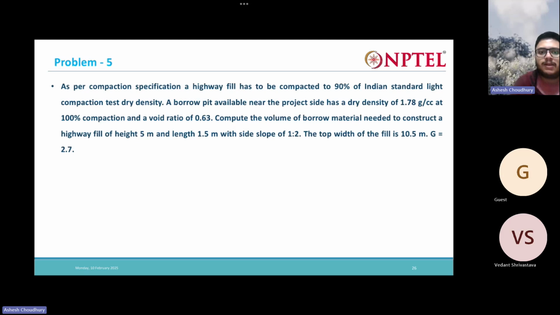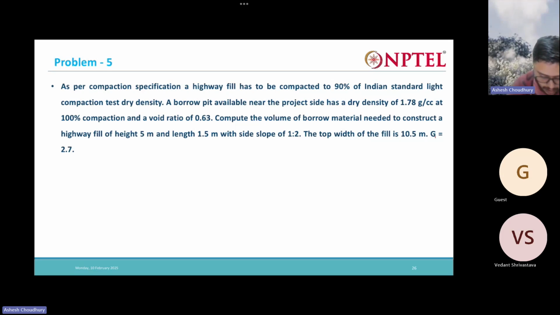A borrow pit available near the project site has a dry density of 1.78 gram per cc at 100% compaction and a void ratio of 0.63. Compute the volume of borrow material needed to construct a highway fill of height 5 meter and length 1.5 meter with a side slope of 1:2. The top width of the fill is 10.5 meter and G for the soil solids is given as 2.7.